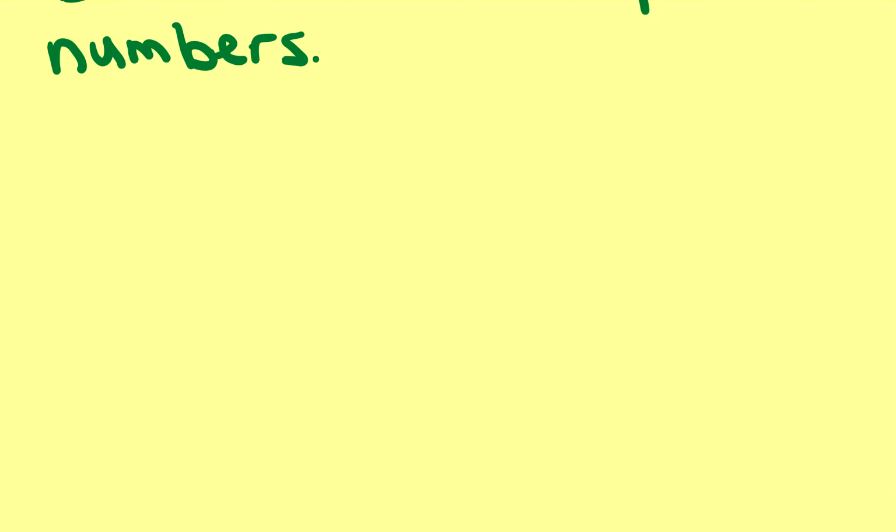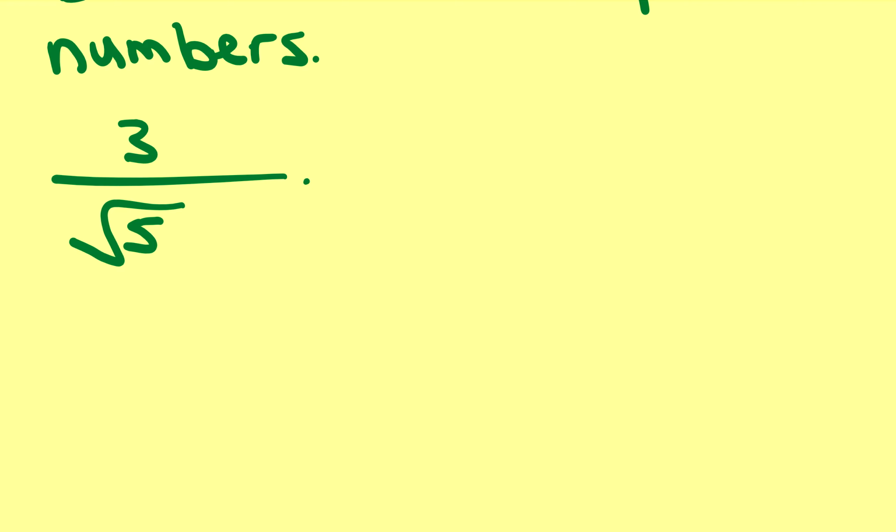And remember, if I had something like 3 over radical 5, what's the rule? We can't have a radical in the denominator, so we have to multiply by its conjugate. The conjugate here of square root of 5 would be another square root of 5.